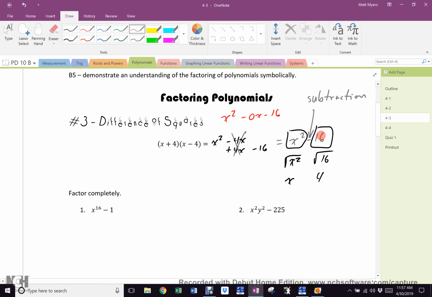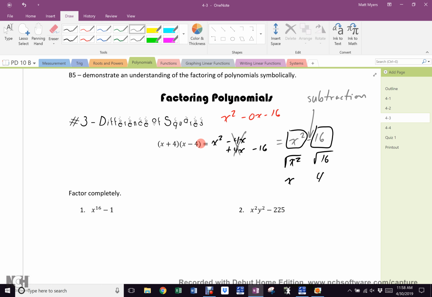I subtracted another square. And notice that the answer was the square root of the first term plus the square root of the second term, and then the square root of the first term minus the square root of the second term. Does everybody see that?